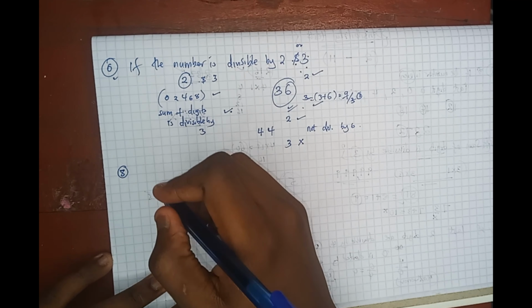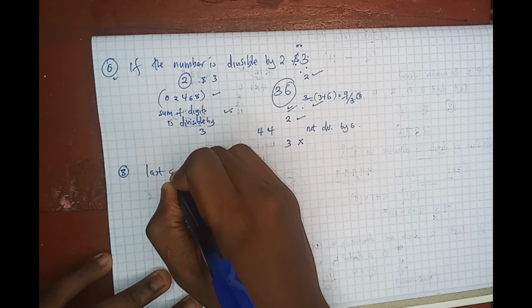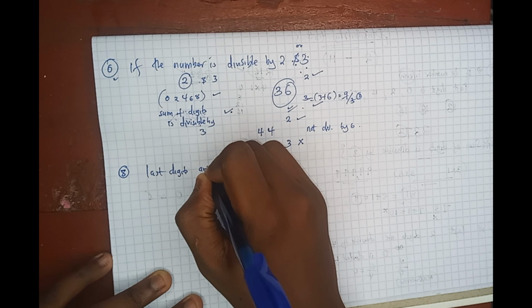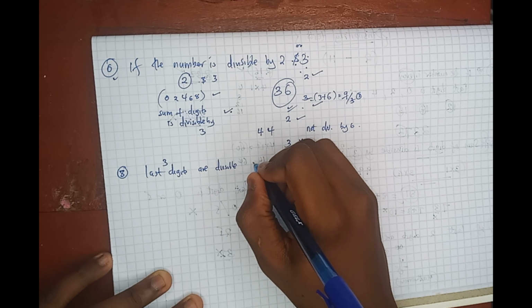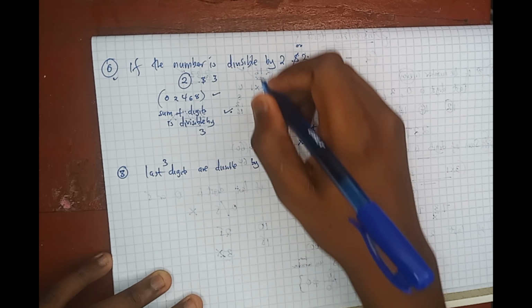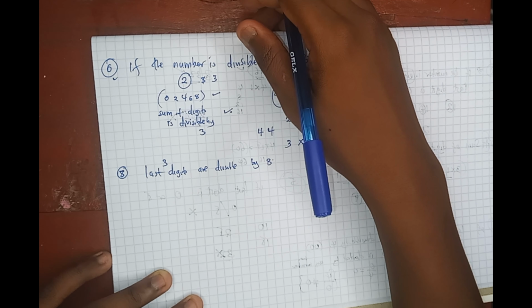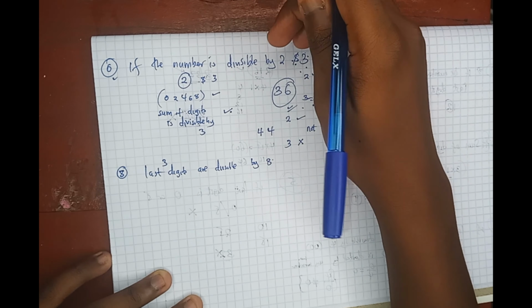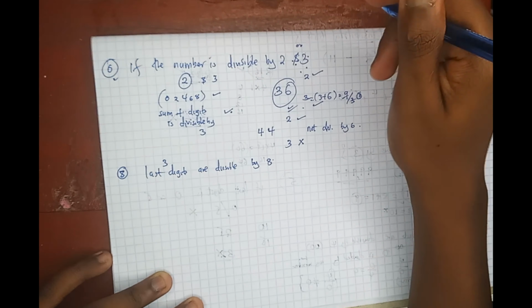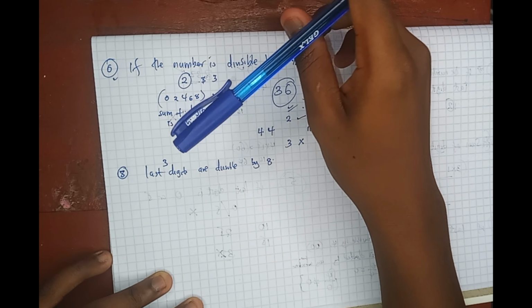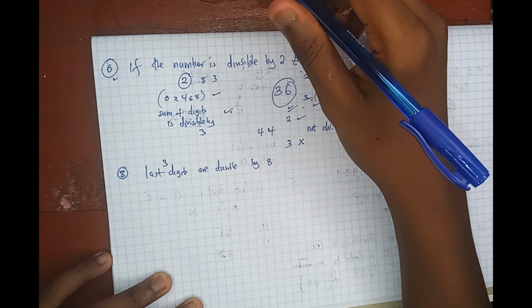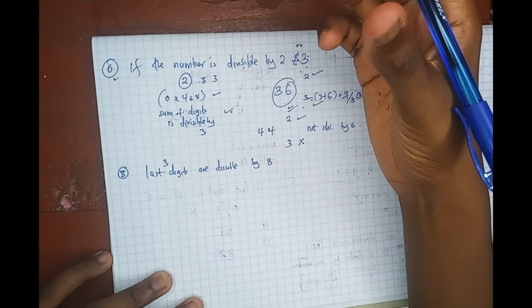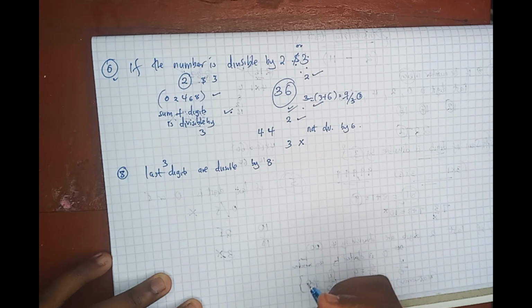So a number is divisible by 8 if the last 3 digits are divisible by 8. For this you have to know numbers that are divisible by 8 up to 3 digits.